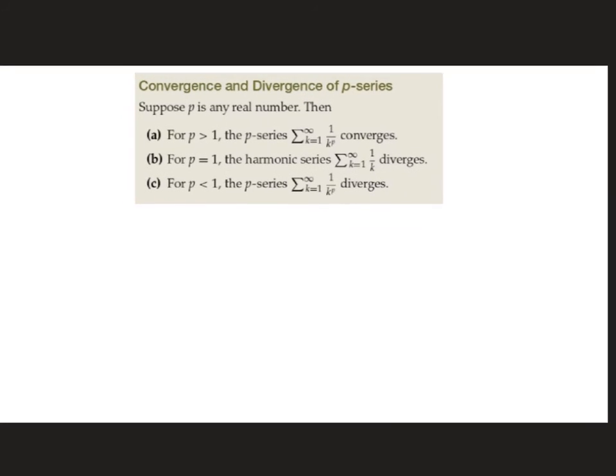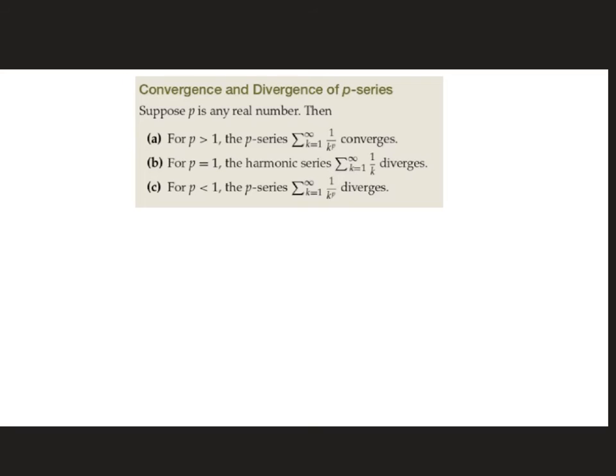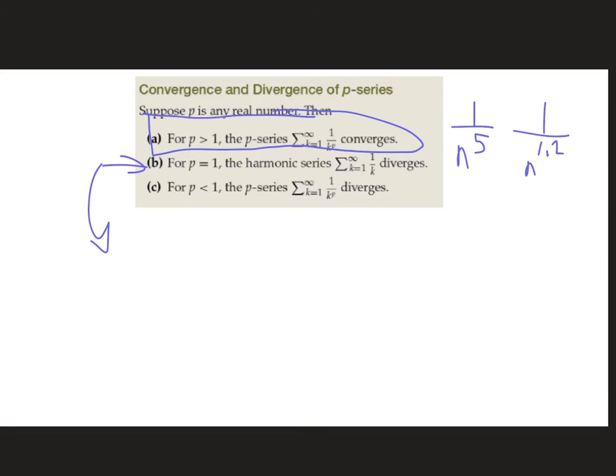So, if p is greater than 1, then we get a convergence. So the p was greater than 1 in like the 1 over n to the 5th, 1 over n to the 1.2. Those converged. P equals 1, so that was the 1 over n, or 1 over k, then we diverge.